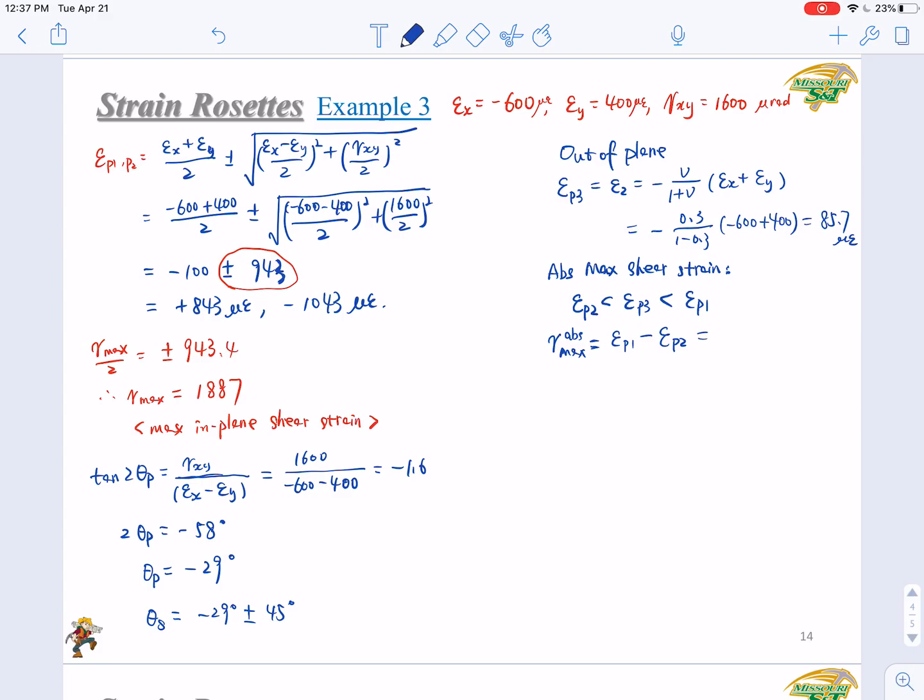You get the result. That would be 843 minus negative 1043. So you will get 1883 microradian.